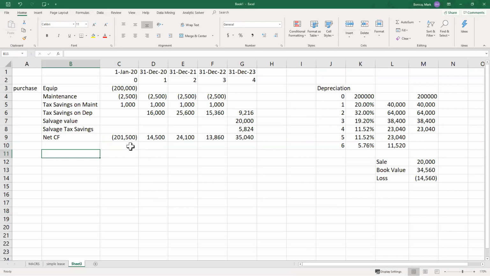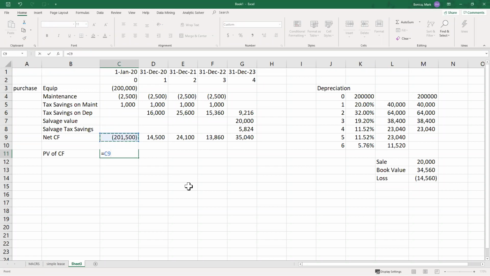Okay. So the cash flows as a result of purchasing look like so. And so what is the present value of the cash flows? Well, I'm going to just use the NPV now.